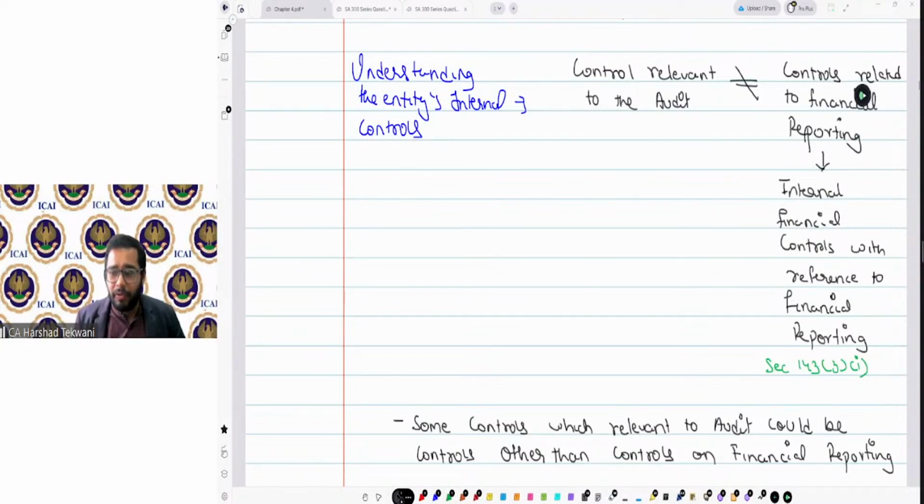I will tell you the answer is no. The controls which are relevant to the audit are the ones that you identify as relevant. And for that, you need to have an understanding of the whole control environment.